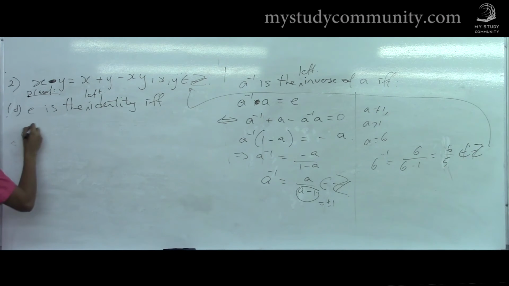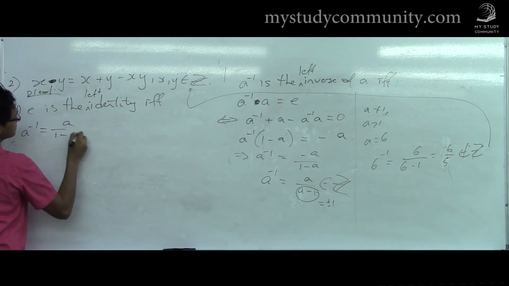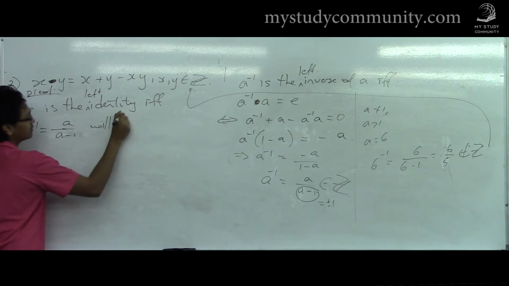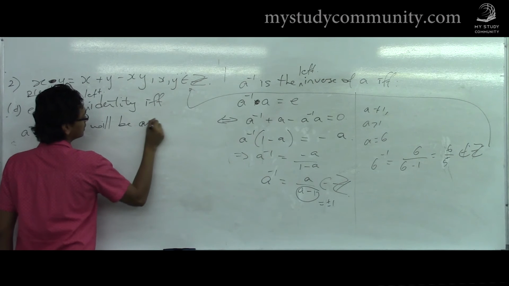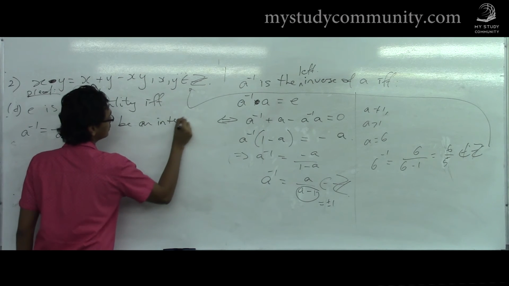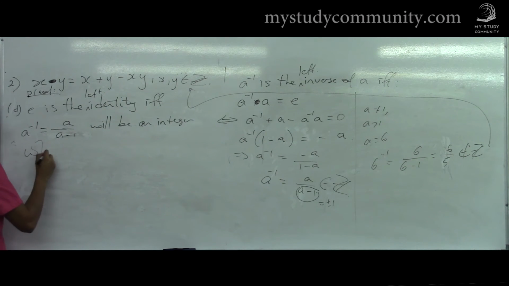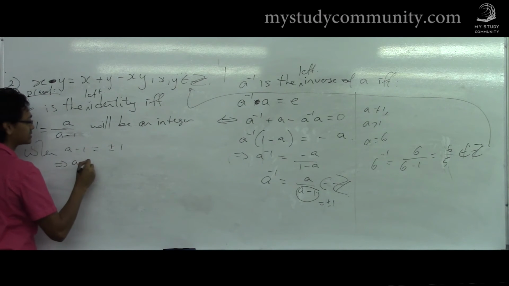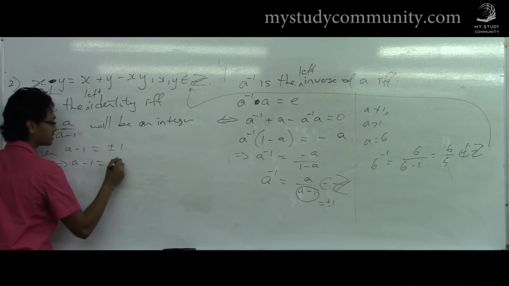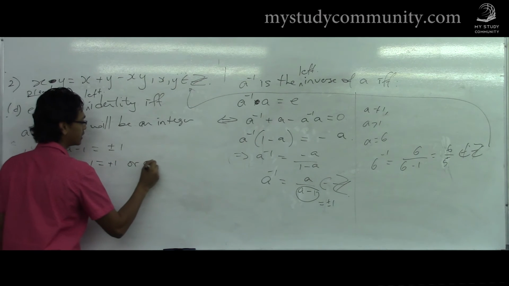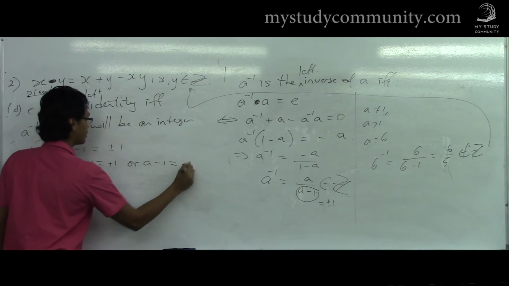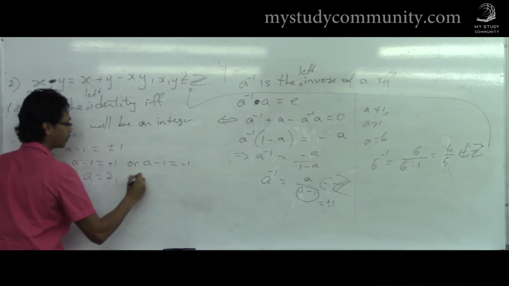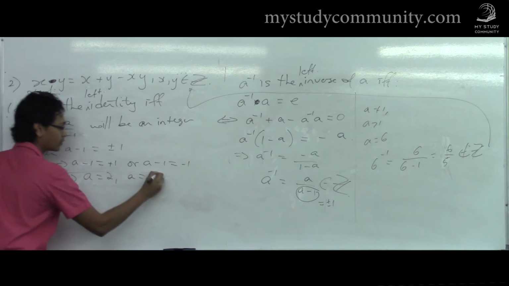A inverse equals A over A minus 1 will be an integer when A minus 1 equals plus or minus 1, which implies A minus 1 equals 1 or A minus 1 equals minus 1, which implies A equals 2 or A equals 0. Do you follow?